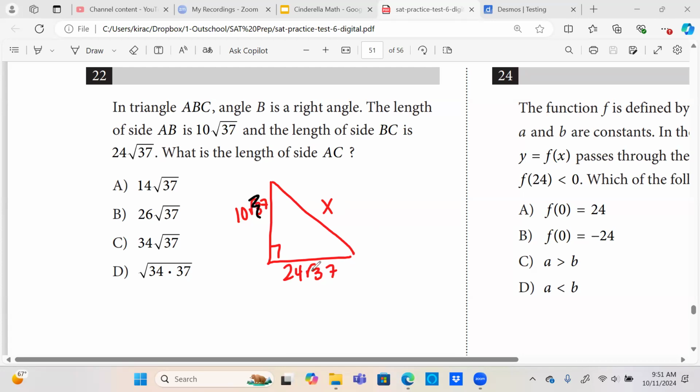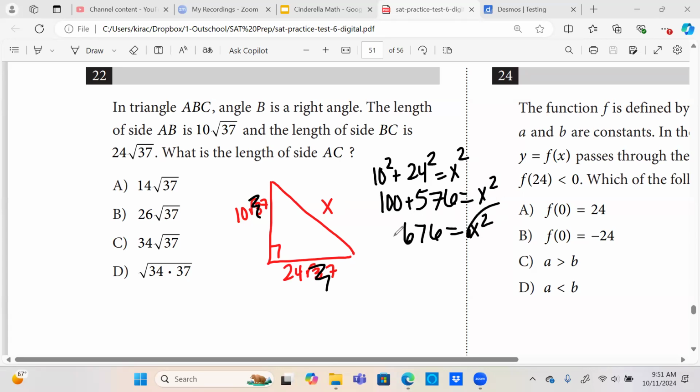Let's pretend this is just 10 and just 24. So 10 squared plus 24 squared is x squared. 100 plus 576 is x squared. 676 is x squared. If you put this through the calculator, it is a perfect square of 26. So this is 26, but then they all had a root 37. Bring it back.